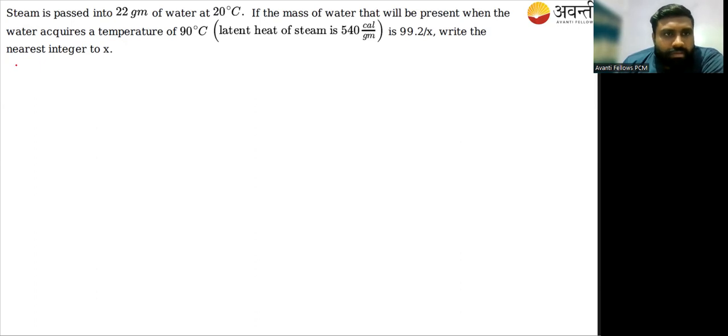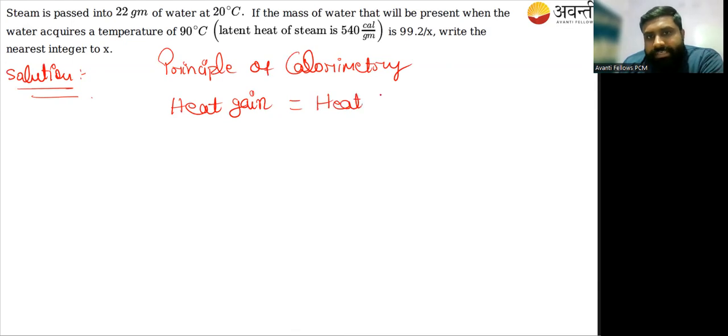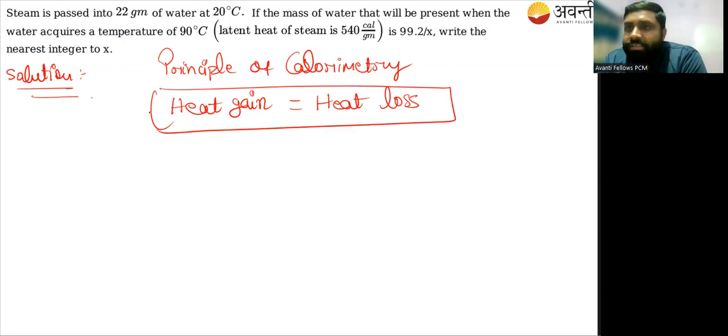Okay. Now, in these types of questions, there is a simple yet very important concept, which is the principle of calorimetry, which says that heat gain by any object will be equal to heat loss, if we neglect the losses to the surroundings. Now, the steam, which is obviously at 100 degrees Celsius, the assumed temperature of steam will be 100 degrees Celsius.